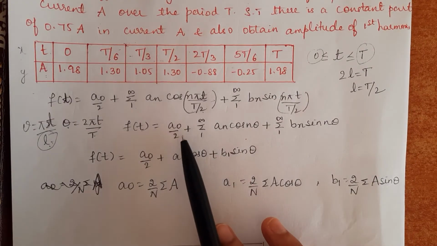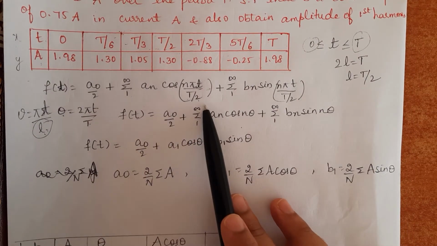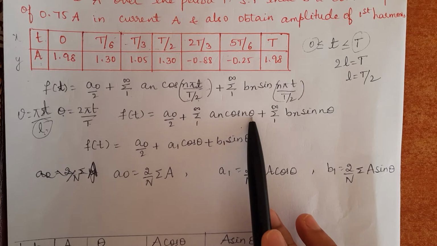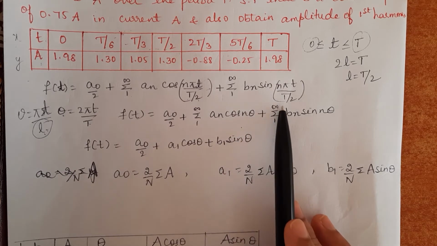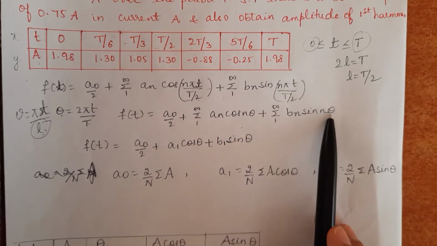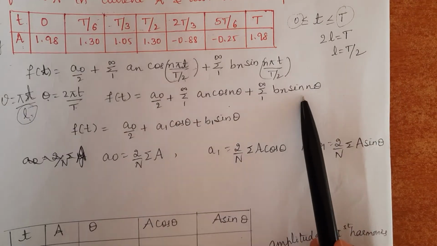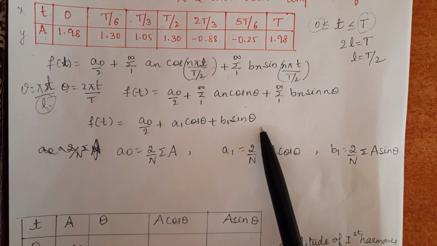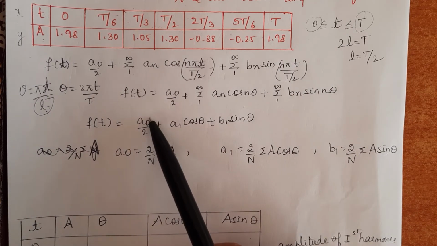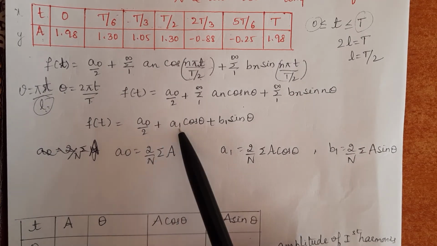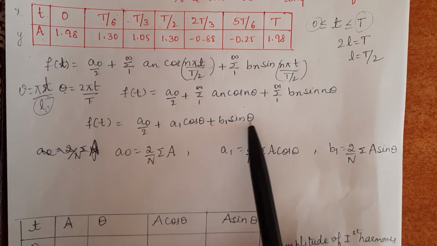So it is A0 by 2 plus summation n equals 1 to infinity an cos n theta plus summation n equals 1 to infinity bn sin n theta. Since we want up to first harmonics, the required Fourier series expansion is A0 by 2 plus A1 cos theta plus B1 sin theta.